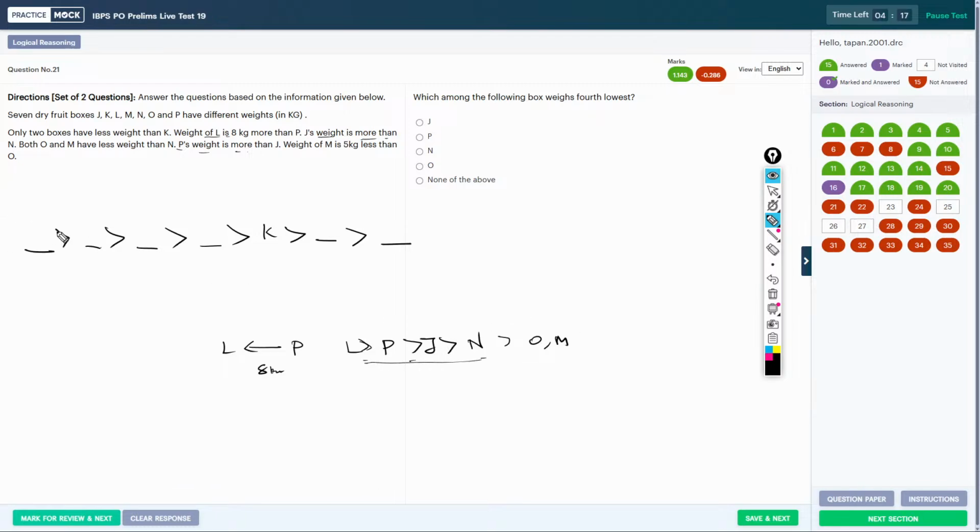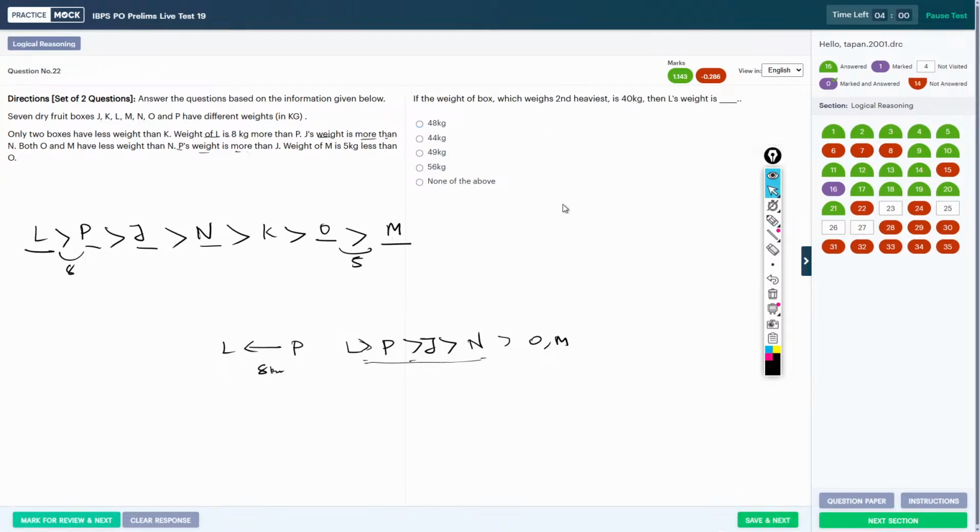And O and M. Weight of M is 5 kg less. So M less. O gap of 5. And from there on L, P, J, N is the 8 gap. Fourth lowest 1, 2, 3, N. Which box has the second heaviest weight?